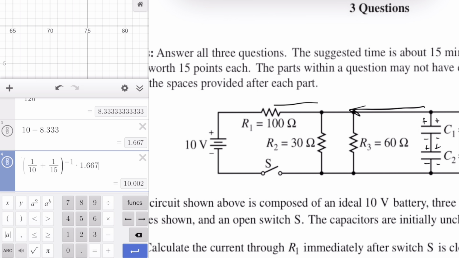And let's think, can there even be current going through R1? Let's think, if it goes through here, there's a break in the switch. The current has no path. Therefore, there has to be no current going through R1 because it can't complete the path. But instead, the current will go this way. It'll bypass R1, right? So earlier, these two were being bypassed. Now this one's being bypassed.